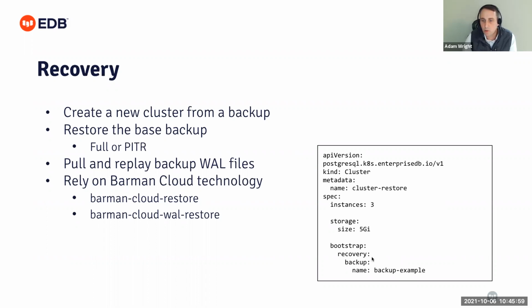If you wanted to roll forward past the last full backup, but not to the latest, then you would put in the configuration with a timestamp or a transaction ID to some point in time before the latest. But by default, we're going to roll forward to the very latest transaction that's in the WAL files.